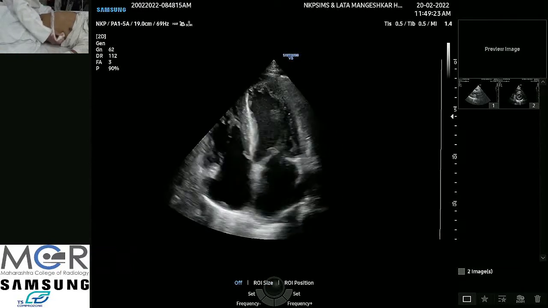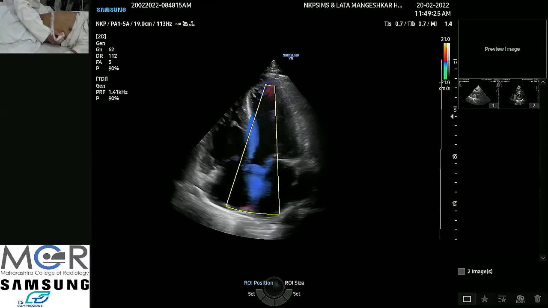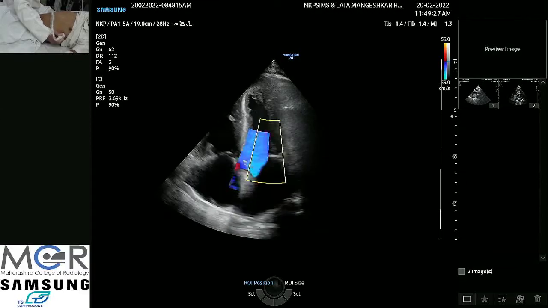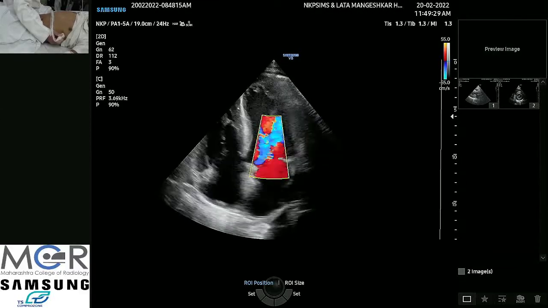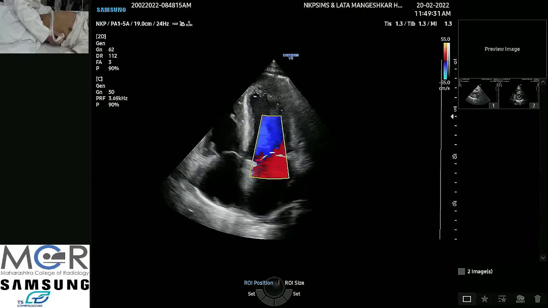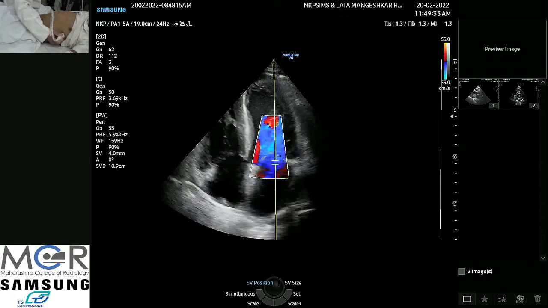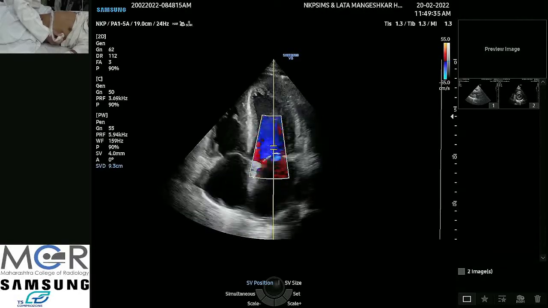Now you can put a Doppler here. PW. Now the same Doppler.